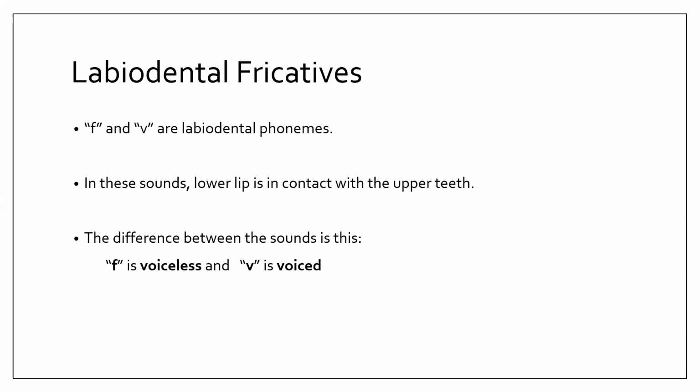The difference between these sounds is this: f is voiceless and v is voiced. In other words, you shouldn't feel your throat move when you make the f sound, but you should feel it move when you make the v sound. And make sure you are biting down with the correct pressure. We have some examples for you to practice.